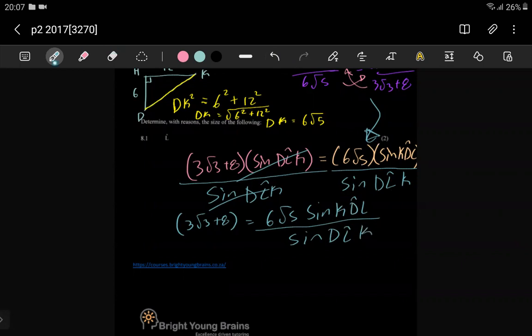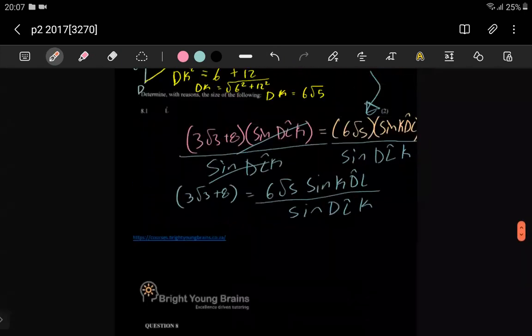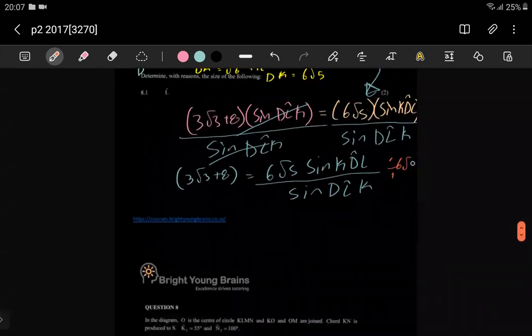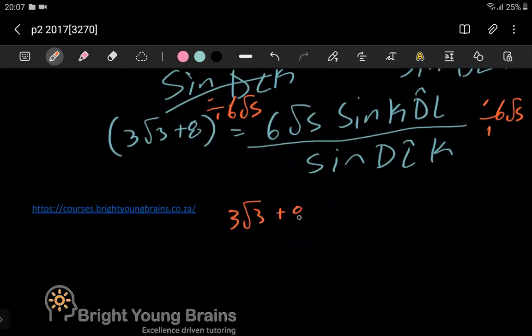And then we can just divide both sides by 6 square root of 5. So this side here we divide by 6 square root of 5, and that side also. So 3 square root of 3 plus 8 is going to be at the top.